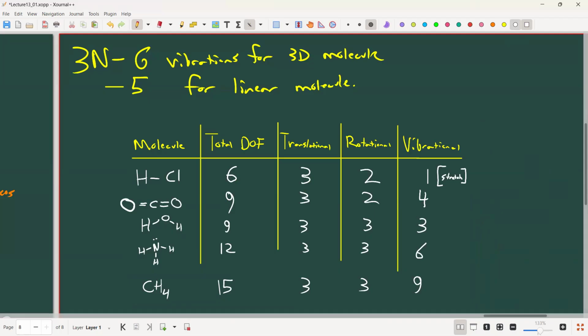But CO2 and H2O have the same number of atoms, the same number of translational degrees of freedom, the same number of 3n coordinates, but they differ in rotational degrees of freedom because CO2 is linear. And by definition, therefore, CO2 has an extra vibration. So H2O only has 3, CO2 has 4.